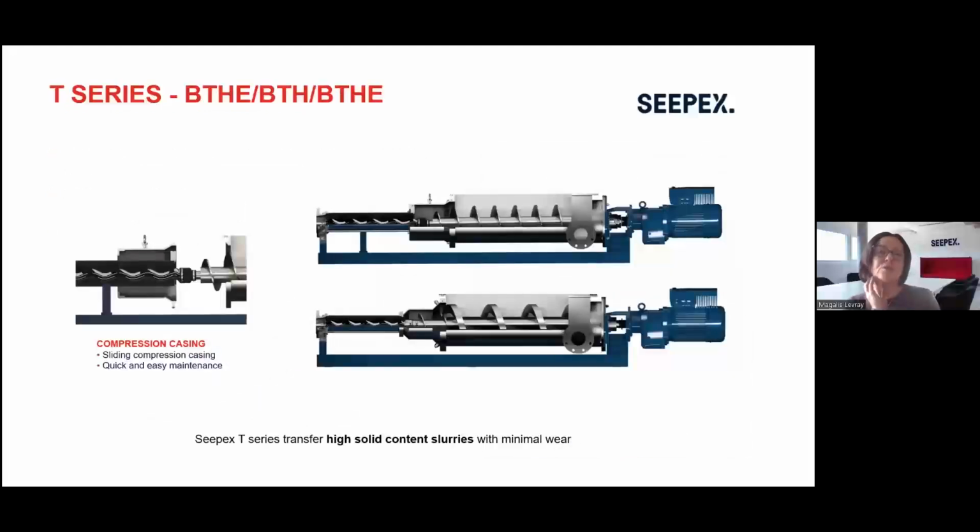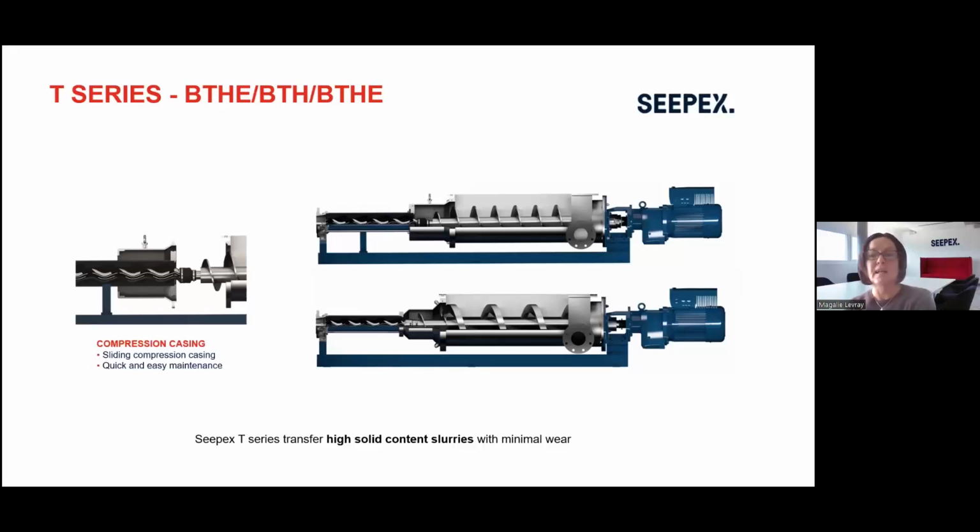If we have a look at a few details, you can see that we actually have many different constructions for our T series, with different options available depending on the fluid's behavior, whether it's sticky, whether it has a tendency to bridge, and depending on the total solid content.